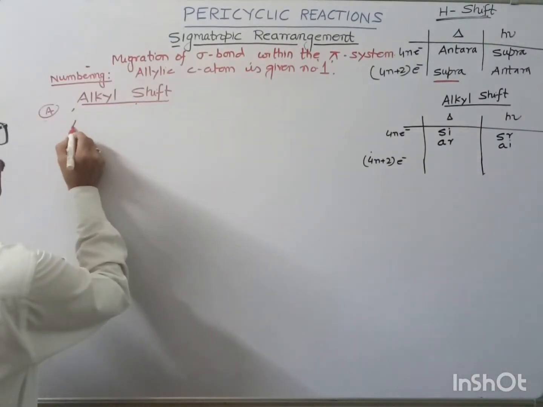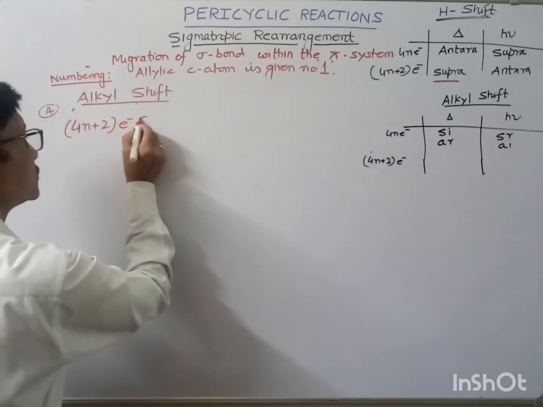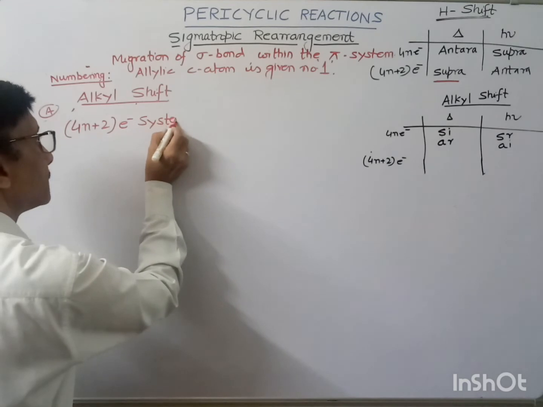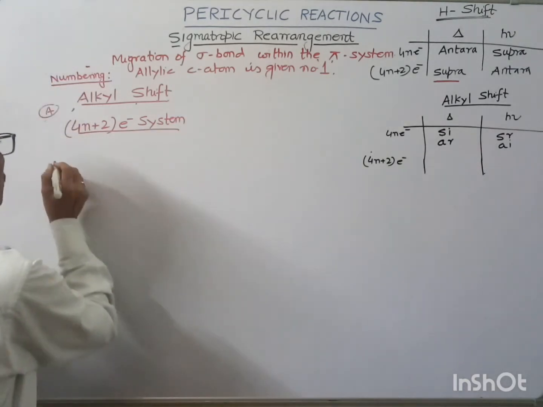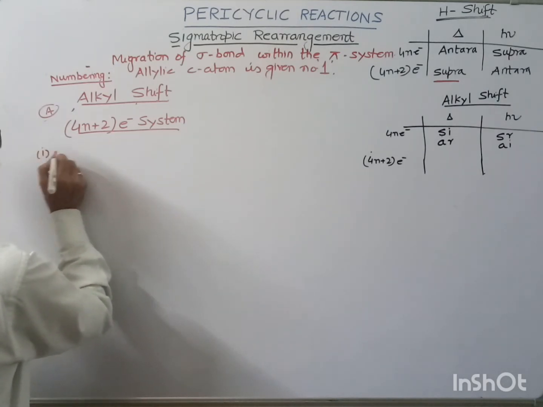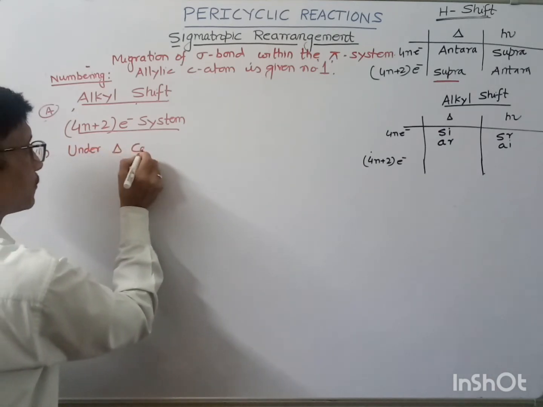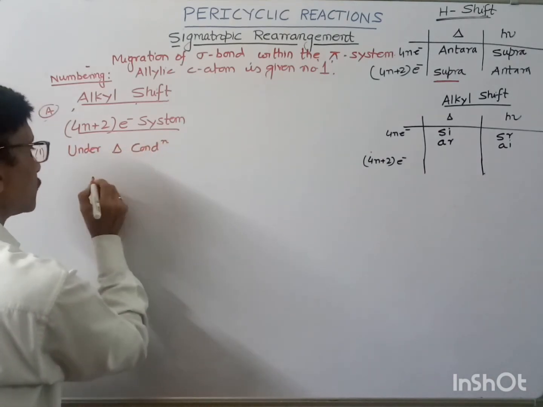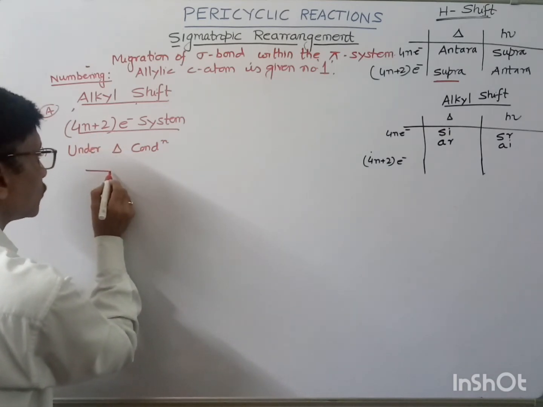Now for the 4n plus 2 electron system, under thermal condition, I have already told you the example.